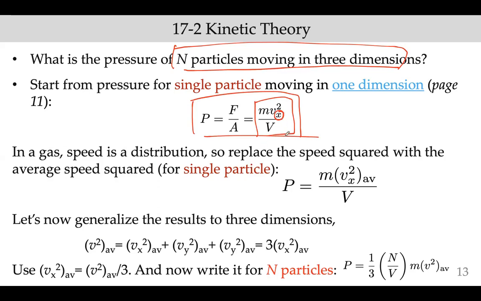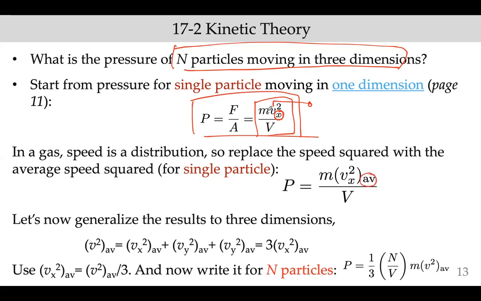Now, if you remember what I said in the previous slide, we don't really know the speed of a particle in a gas. If you have n particles, they will all have different speeds. Because we cannot account for all the speeds, we can use one value, which is the average value.